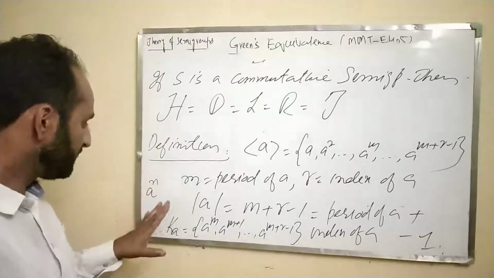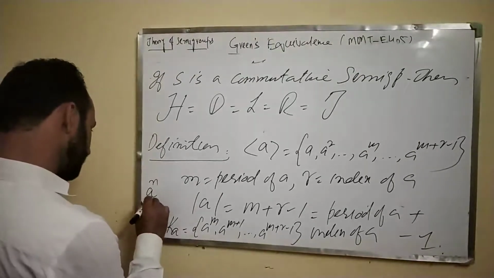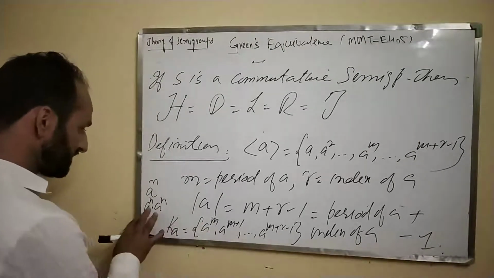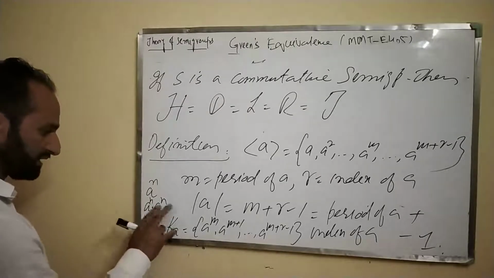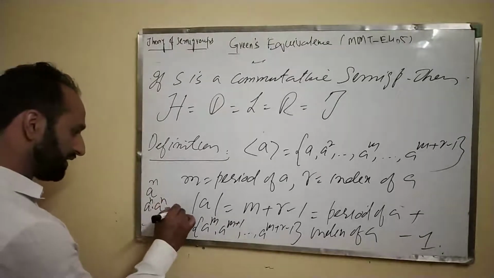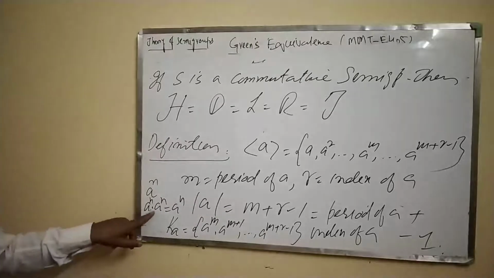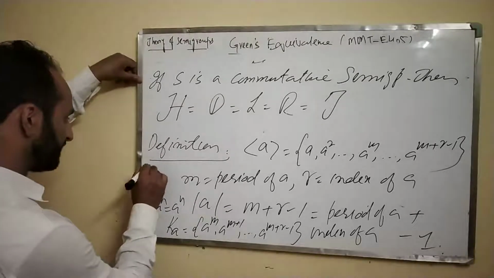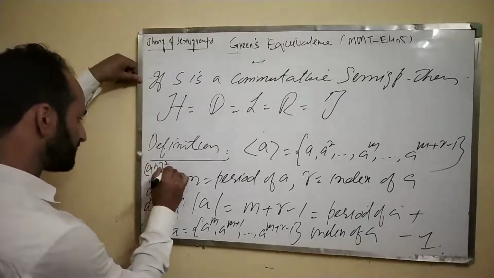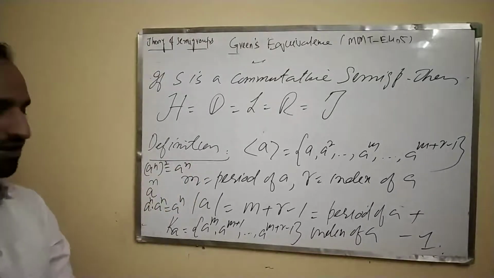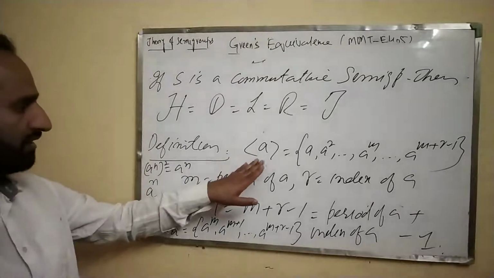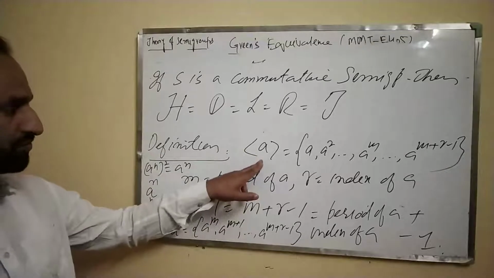But one thing that's important is this: A power n into A power n, since A power n is the identity in K, and they are both in K, it's equal to A power n. So that means A power n is actually idempotent. A power n whole square is equal to A power n. It's an idempotent of the finite monogenic semigroup, because it's an element of this also.